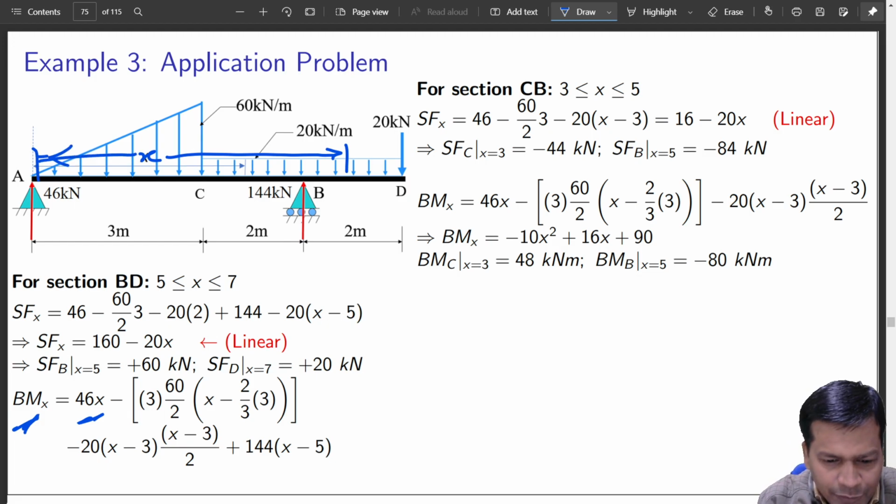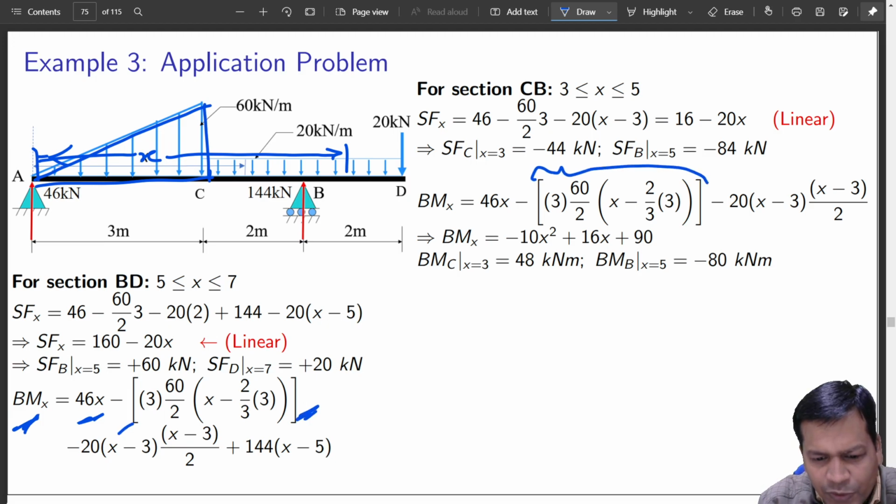So that is there, and you have this triangular loading that you know how to calculate now. It is exactly the same way as we did earlier, if you remember, same part will go here also, okay. Another part will again come back, this one will also be there, okay.